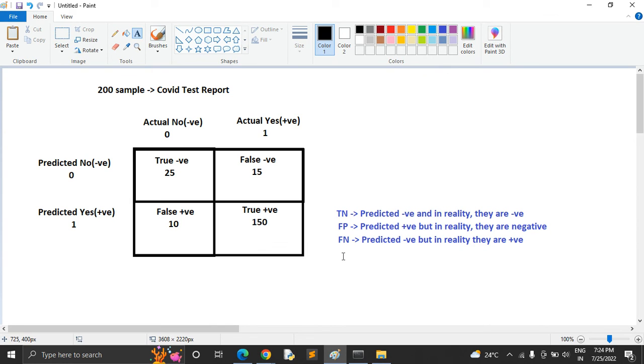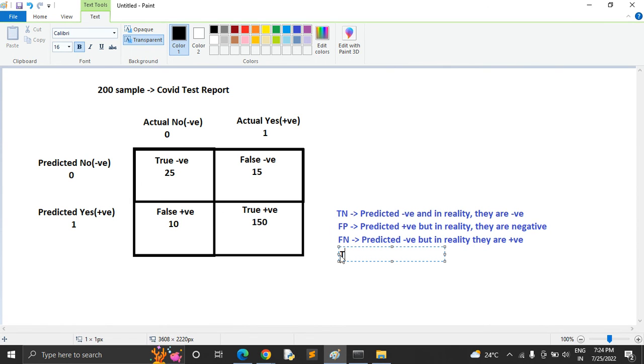First, let me write this again. Last one is called true positive, TP, right? Now what this means, the model predicted positive, and in reality as well, they are positive, right?